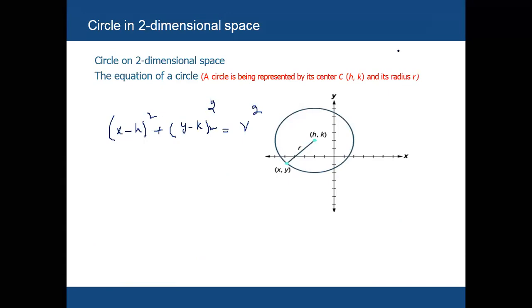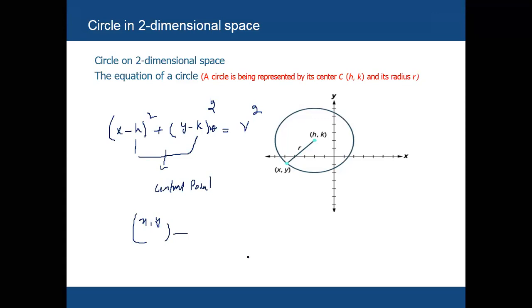So x minus h whole square plus y minus k whole square equal to r square, where h and k, these 2 points, are actually the center of the circle. These are the central points. And x and y are any point on the circle.